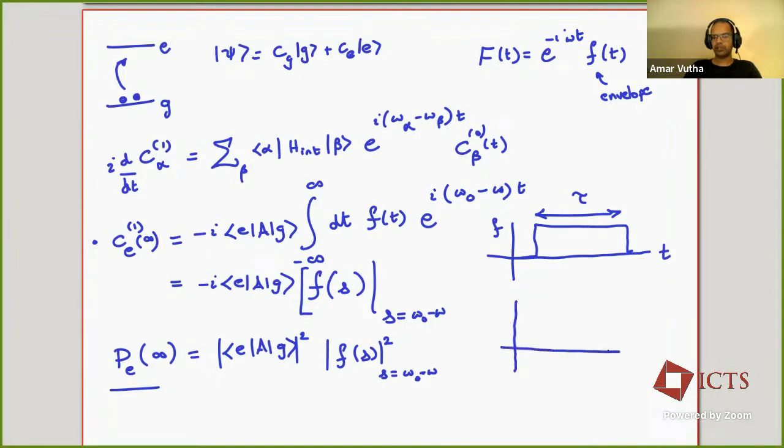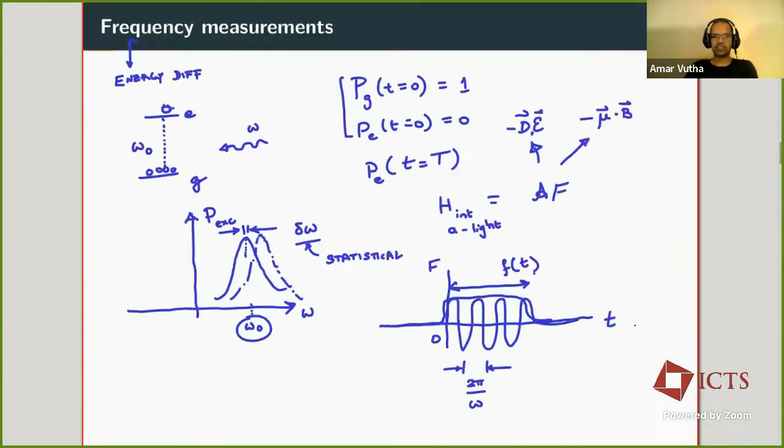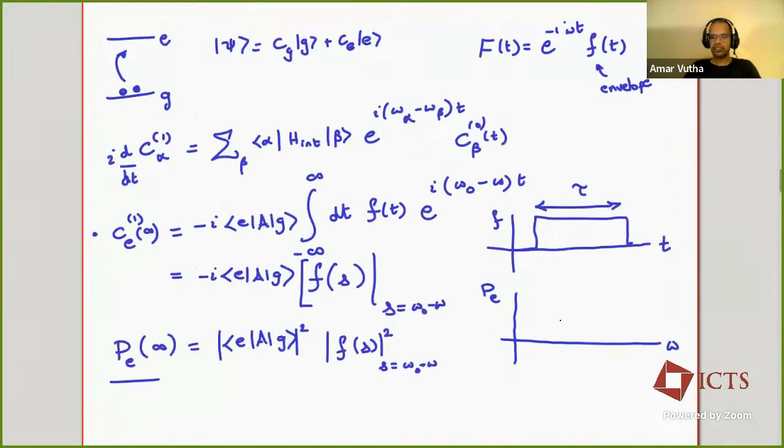It's going to look like a sinc function. And if I want to plot the probability of being in the excited state after this pulse as a function of omega, which after all, remember, is exactly what we're doing when we're trying to do spectroscopy, you want the probability of ending up in the excited state as a function of omega. This is just going to be the mod square of the Fourier transform, or in this case, a sinc squared function.